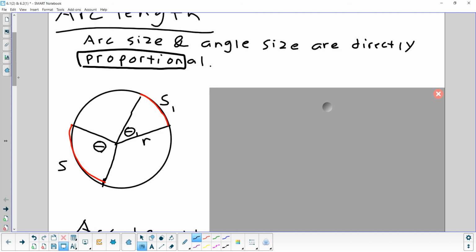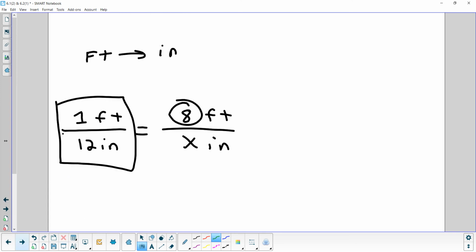The arc created by theta, I'm calling S, and the arc created by theta 1, I'm calling S1. So here's the 4 things that you would plug into a proportion. 2 of them, though, you have to know. Just like this. You have to know a connection between 2 of them.